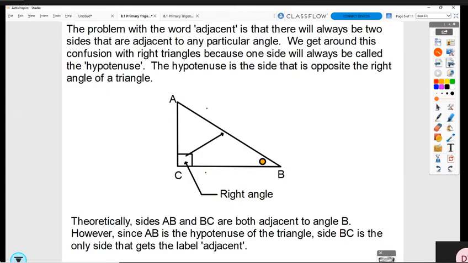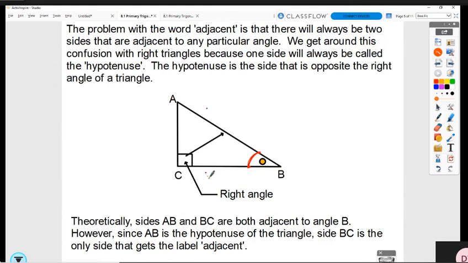So that being said, when we have a triangle and we want to name its sides from a reference angle, we're in luck because we're not going to have two of the same type of side. This is step number one in mastering trigonometry: labeling the triangle correctly based on the reference angle. In this particular example, our reference angle again is angle B. That means angle B will touch the adjacent sides.